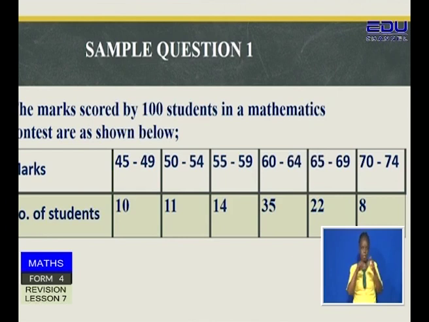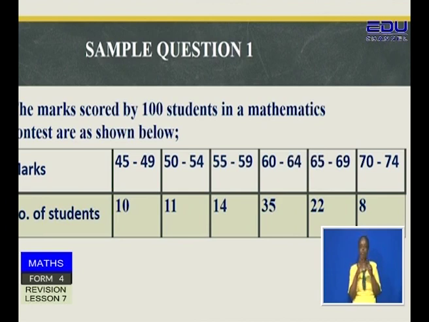We have in the first row the marks, and they are grouped from 45 to 49, 50 to 54, 55 to 59, up to the last one, 70 to 74. In the second row, we are given how many students scored in that interval.